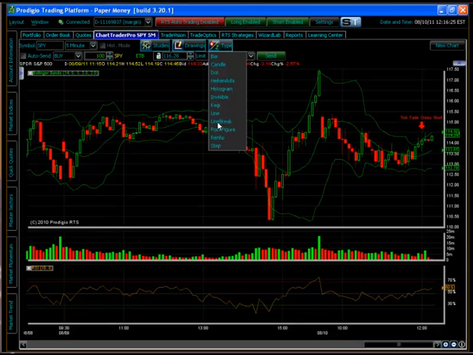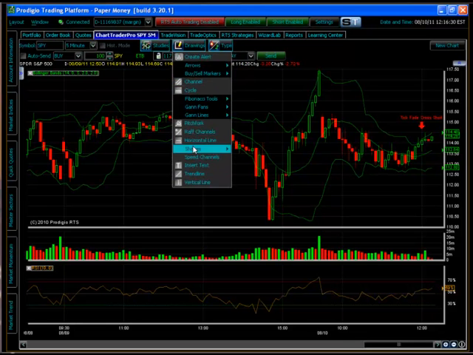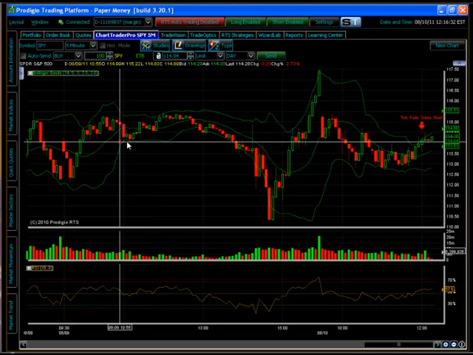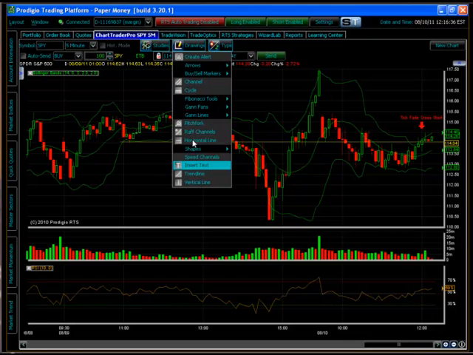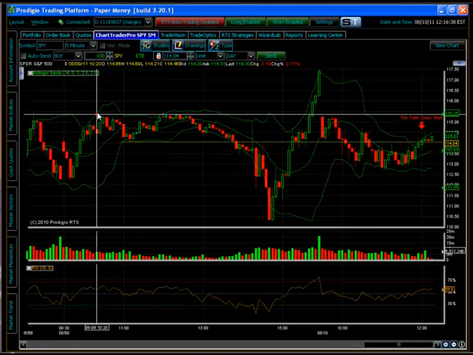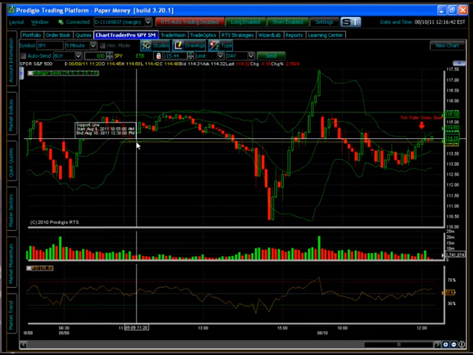I'll draw a horizontal line here, and I'll put another one right above it at what I'm perceiving to be the upper end of the channel.